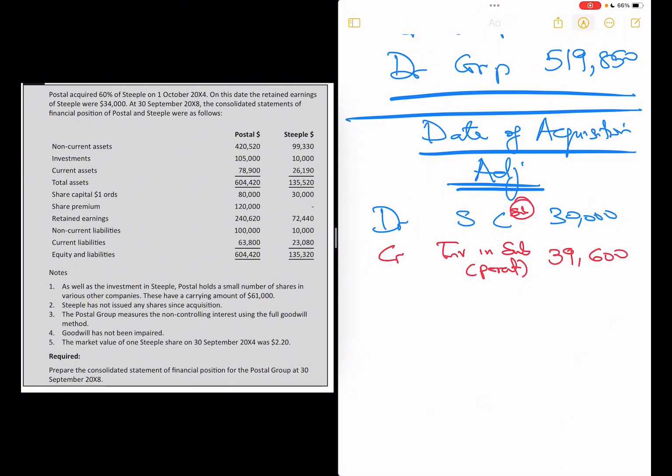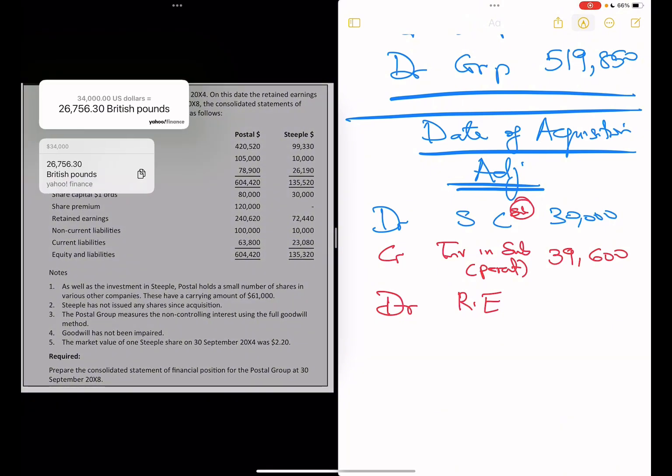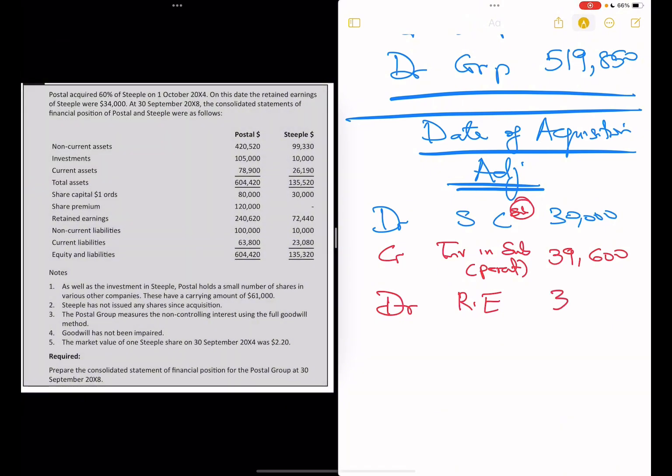There's another part of the subsidiary account that is also equity that we need to take away, and that is retained earnings. So I'm going to remove that retained earnings as well, because the whole equity has been acquired. And the retained earnings on acquisition was 34,000, which was given to us. So debit 34,000.